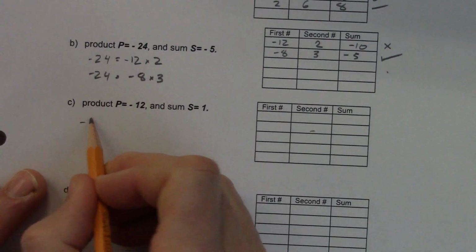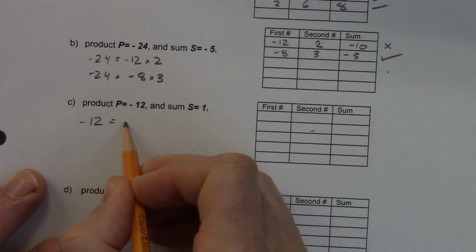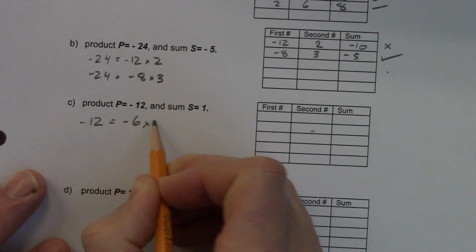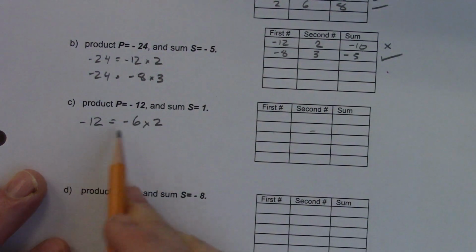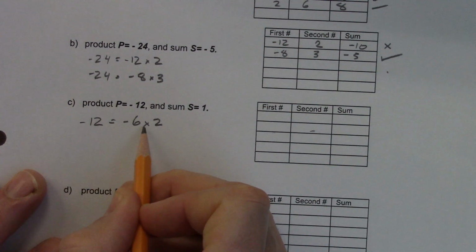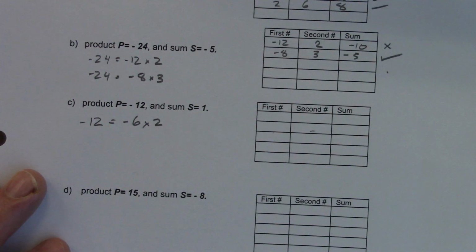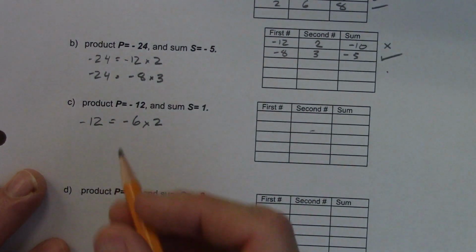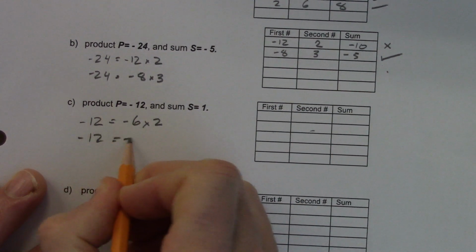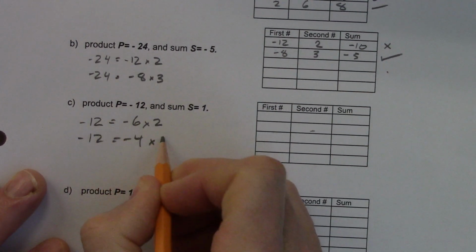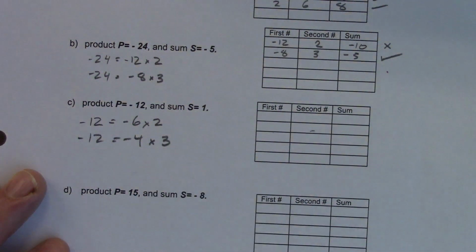So product of negative 12. Again, we can use negative 6 and 2. That would give us negative 12, but that does not work, because if we sum them, we get negative 4. We could do negative 4 and positive 3.